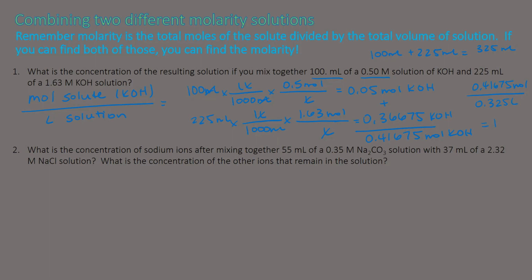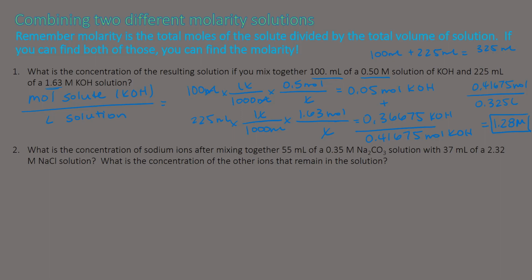So that's going to be 1.28. Now, a good way to check this: if we add a weaker solution to a stronger solution, the result should be between those two numbers.